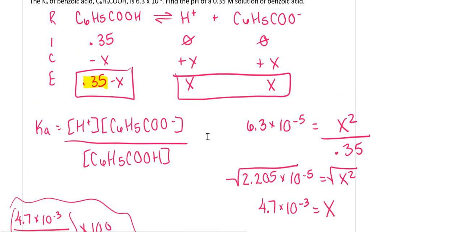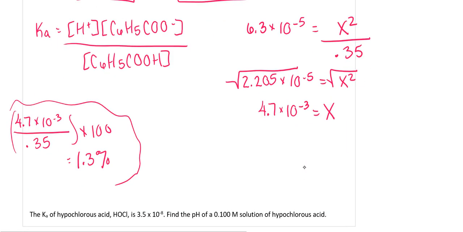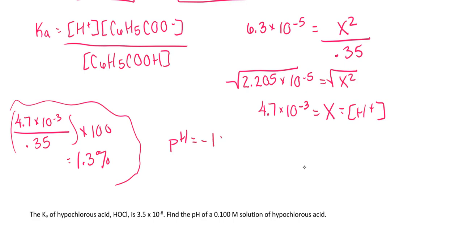So now that we have X, we can find the pH. X is equal to the concentration of H+, so we can now use our pH equation. pH is equal to the negative log of H+.